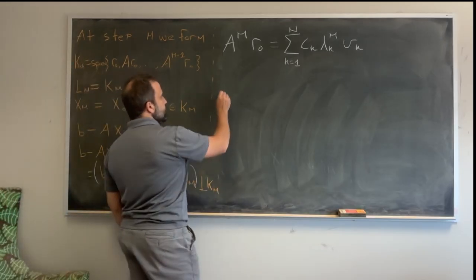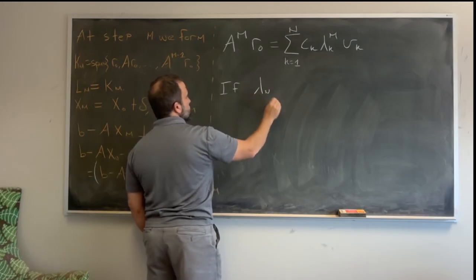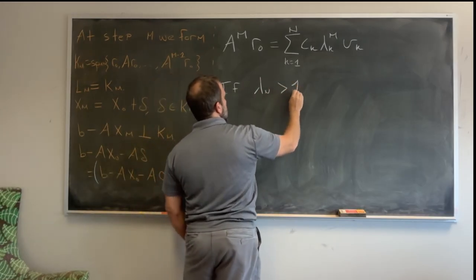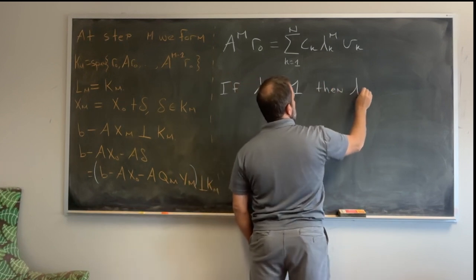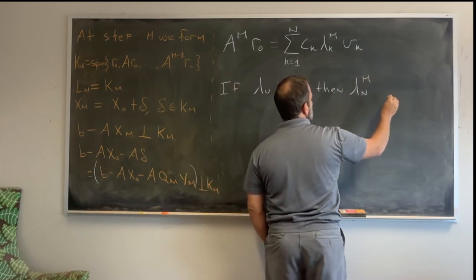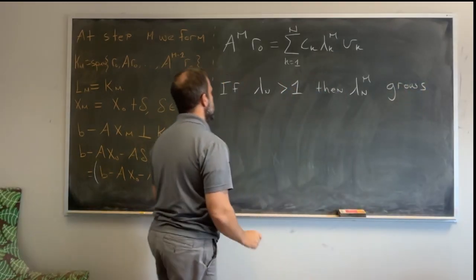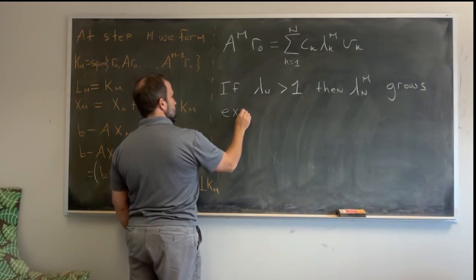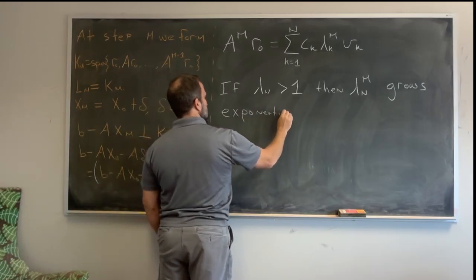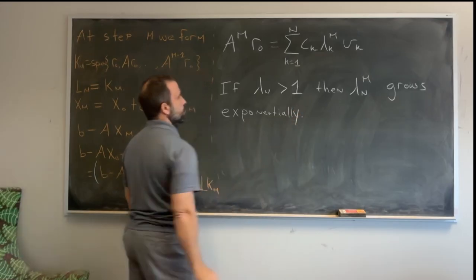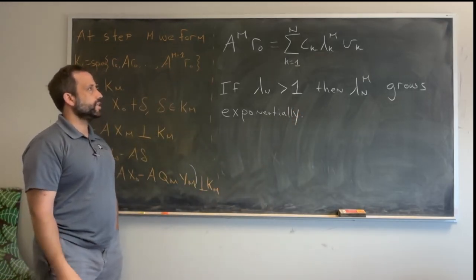Now, let's say the biggest eigenvalue, lambda n, is greater than 1. Then lambda n to the power of m grows exponentially.